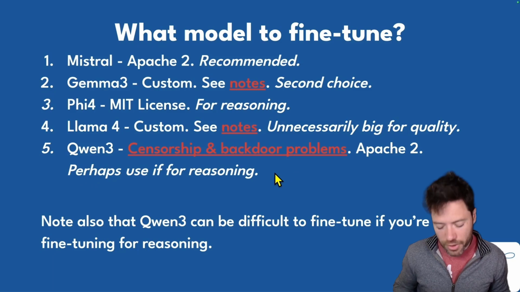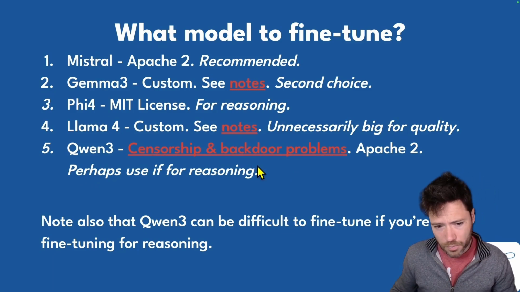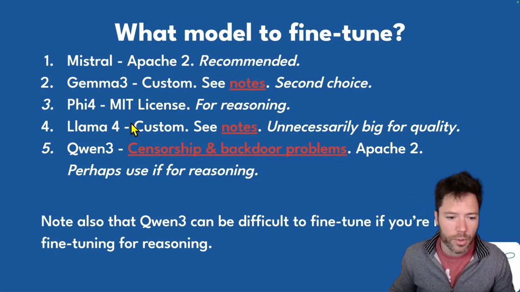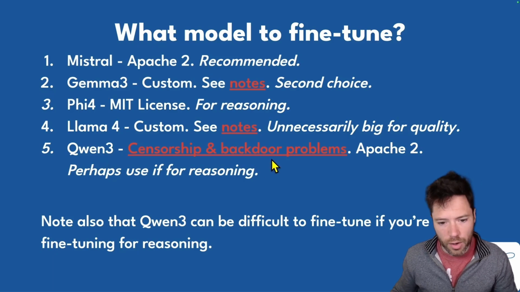Qwen3 is a very strong model. I think it is probably stronger than all of these models here. And it's Apache 2, but you do have the issues that come with using Qwen or DeepSeek models, that there is strong censorship of the models, and also there is a backdoor risk with any language model here. But you have to weigh that in the context of where and how it was developed.